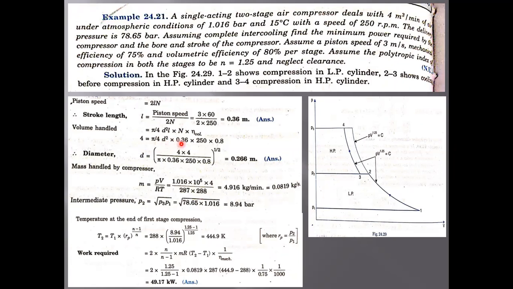We already know the L value, which is 0.36, but the diameter d we need to find out, so keep that as it is. L is 0.36, speed is 250 rpm, into 0.8, which is the volumetric efficiency. Put that value here.